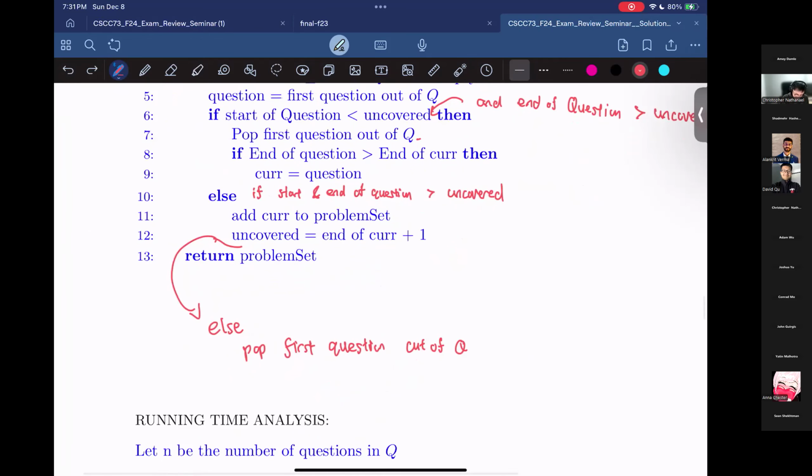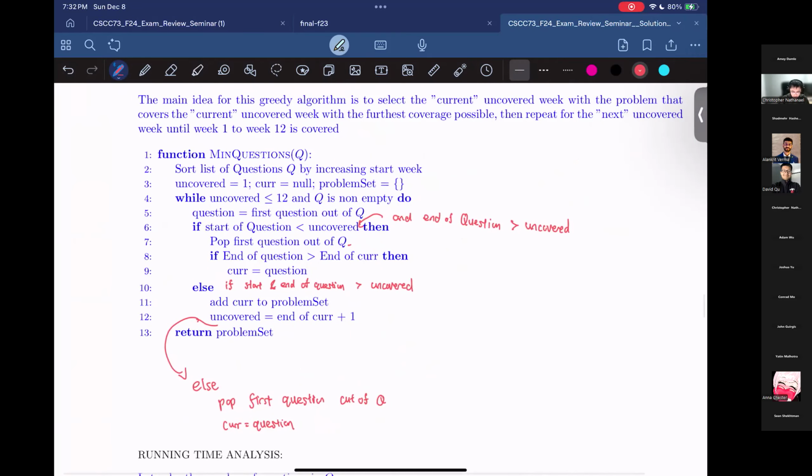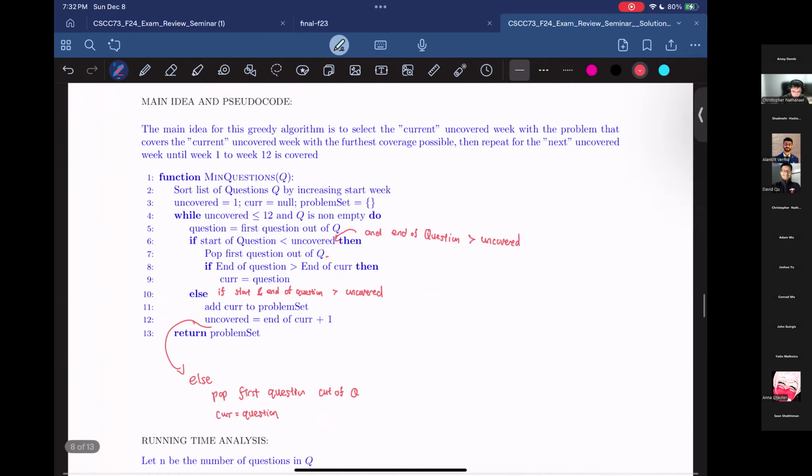Okay. I'll need to clean up this algorithm a bit more. I think it has some missing edge cases, but yeah, that's the idea I want to get across.